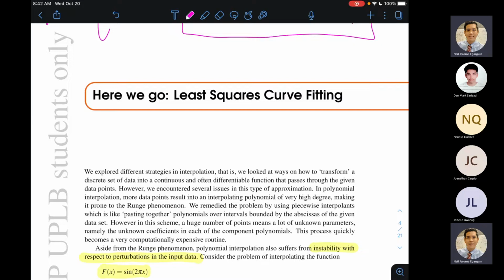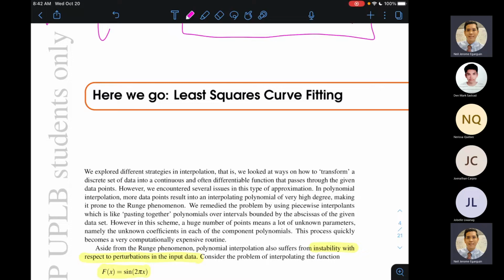Now, everything went well kasi parang ang kinonsider natin ay polynomial interpolation. Pag meron kang n+1 points, magkakaroon ka ng degree or at most degree n interpolating polynomial. And we also look at the error term involved with it. At nakita natin na, pwede nating mapaganda yung approximation, mapababa yung error by either choosing the abscissas wisely.